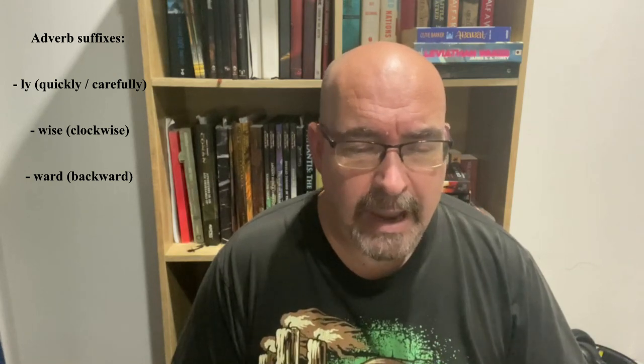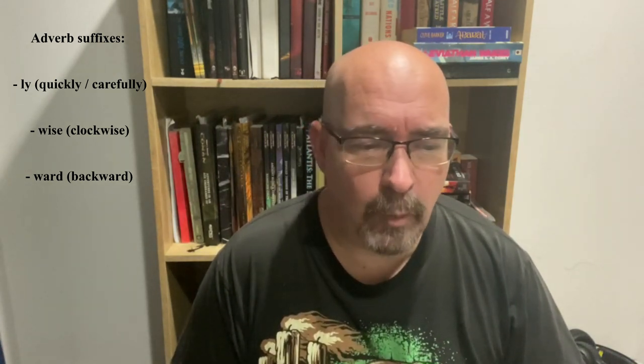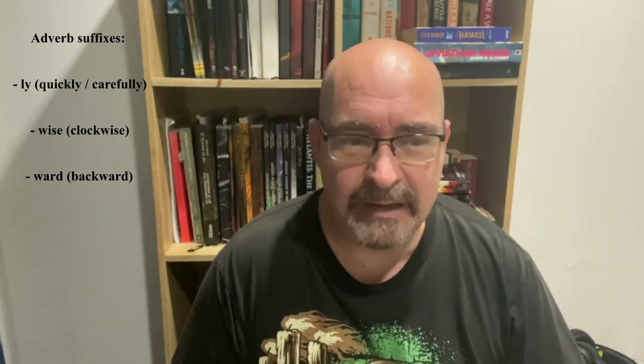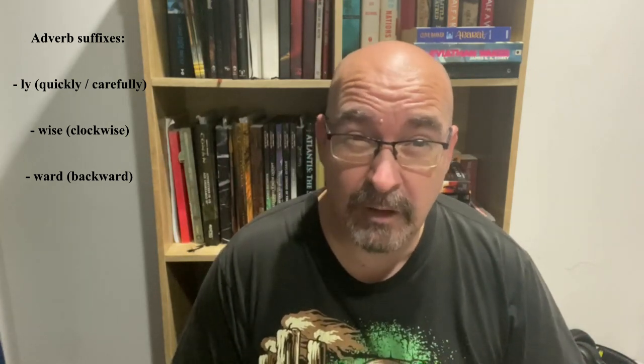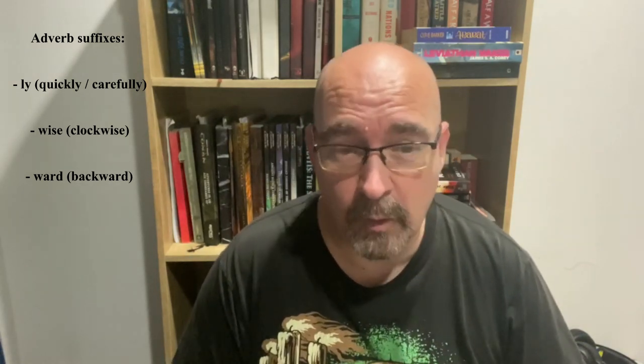Now, there's a lot of suffixes for nouns and adjectives, but there's a lot less for adverbs and for verbs. So let's look at the adverbs. LY, quickly, carefully, stupidly. Probably 95% of adverbs end in LY, so they're pretty easy to identify. WISE, clockwise, like the hands on the clock will move clockwise or counterclockwise.